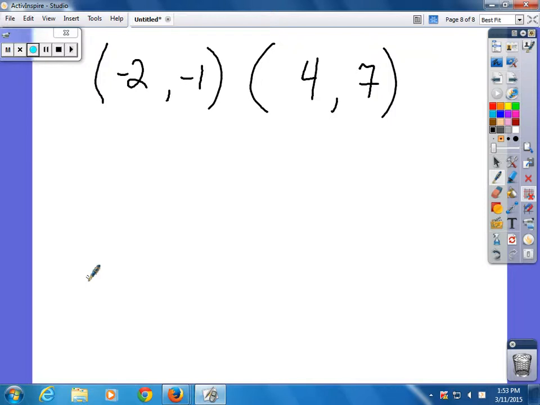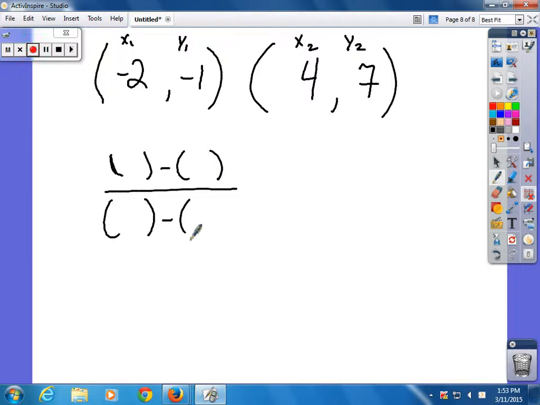All right. So first of all, we label x sub 1, y sub 1, x sub 2, y sub 2. Y sub 2 minus y sub 1 over x sub 2 minus x sub 1. Y sub 2 is 7. Y sub 1, negative 1. 4, negative 2. 7 minus a negative 1. 4 minus a negative 2.